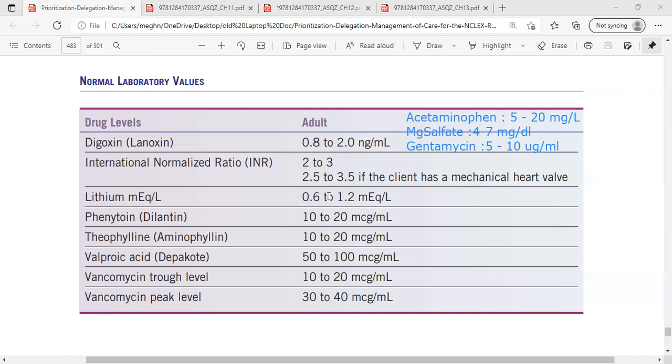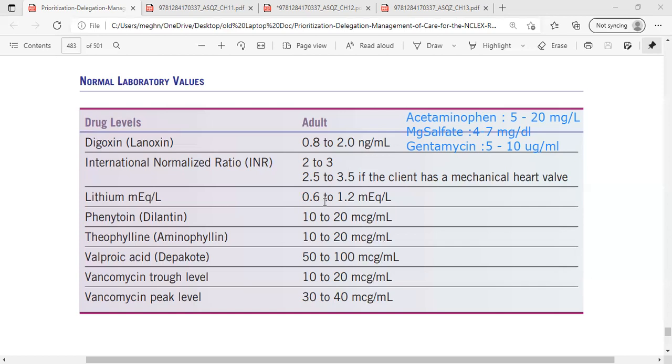So just like digoxin, if your patient needs to take lithium, we need to monitor the sodium level. Why? Because hyponatremia increases the risk of lithium toxicity.